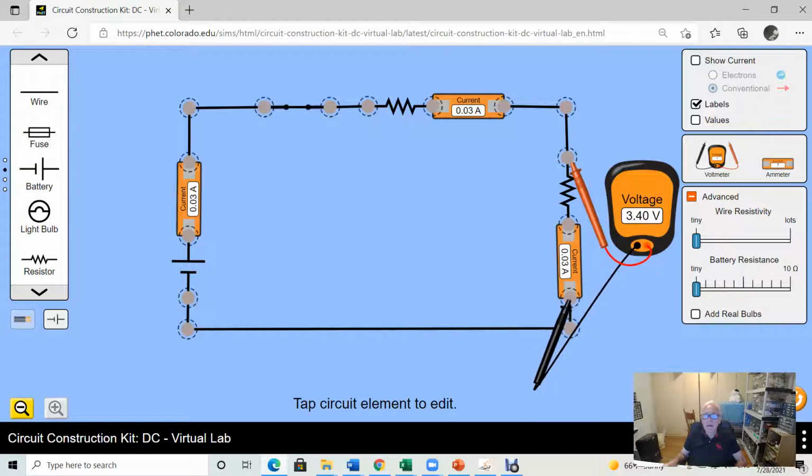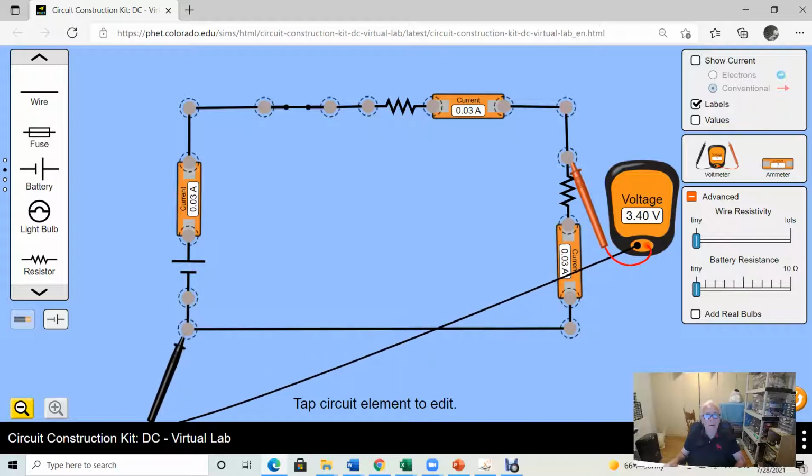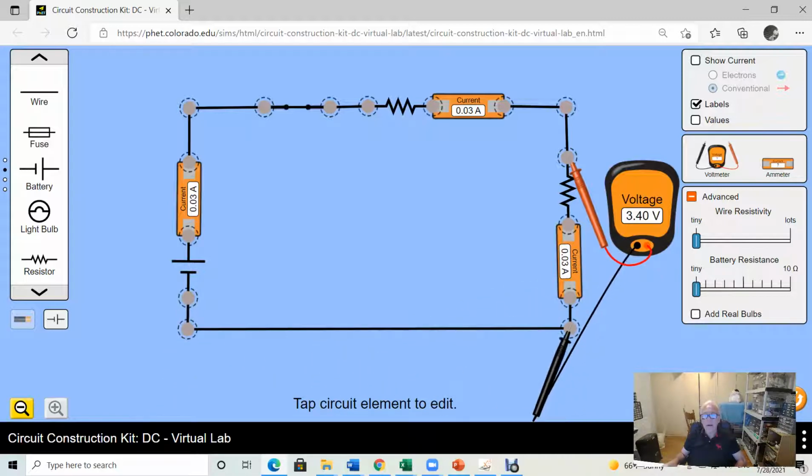The ammeter has no resistance whatsoever. That's an ideal ammeter. And the wires too, all those wires have no resistance whatsoever. Ideal wires have no resistance, so much that when I measure the electric potential across the wire, we get a 0 drop in voltage.